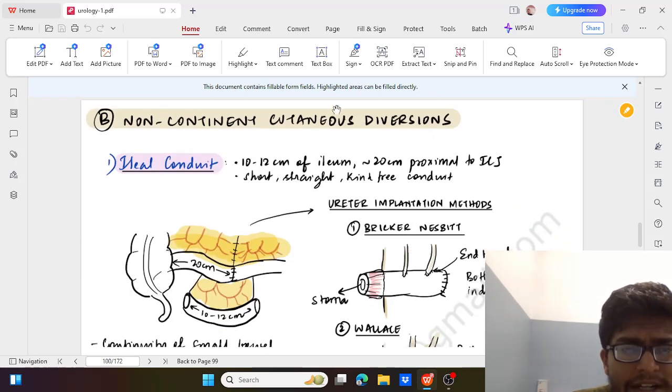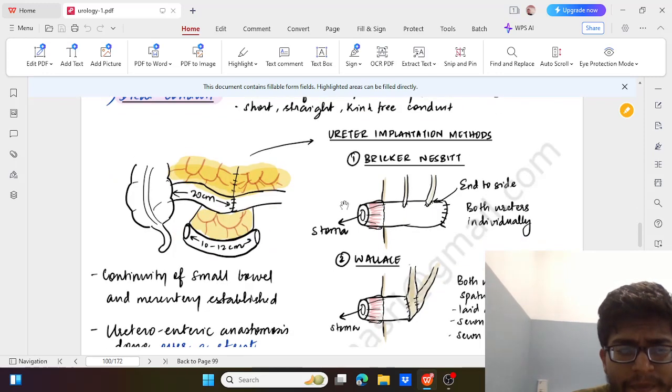Then the non-continent cutaneous diversion, where there will be no continence mechanism. For that, it is the ileal conduit. So 10 to 12 centimeters of the ileum is used, around 20 centimeters proximal to the ileocecal junction. A short and straight kink-free conduit is made.